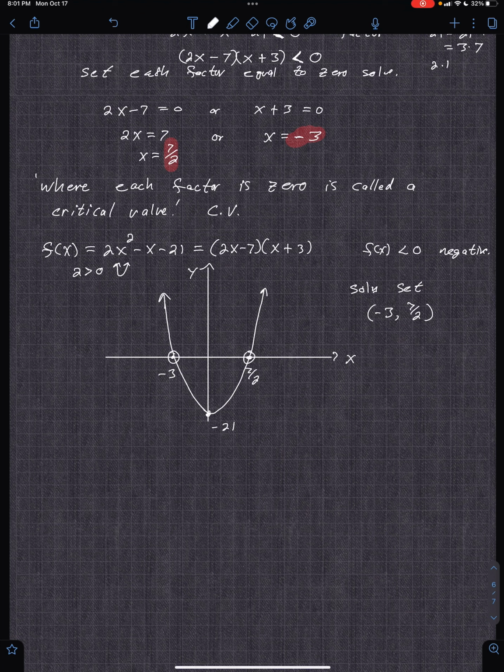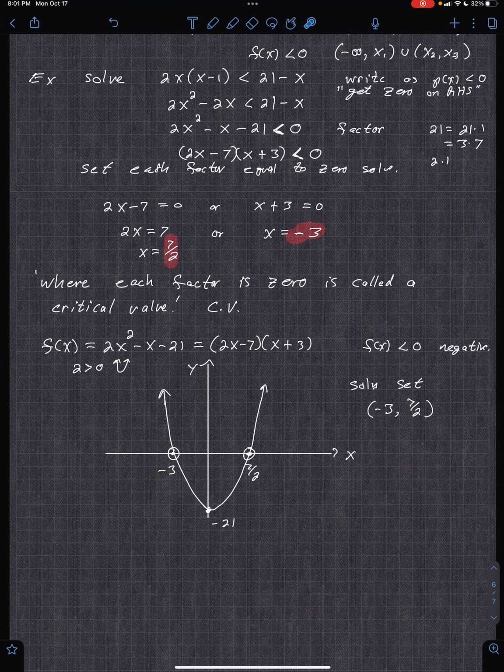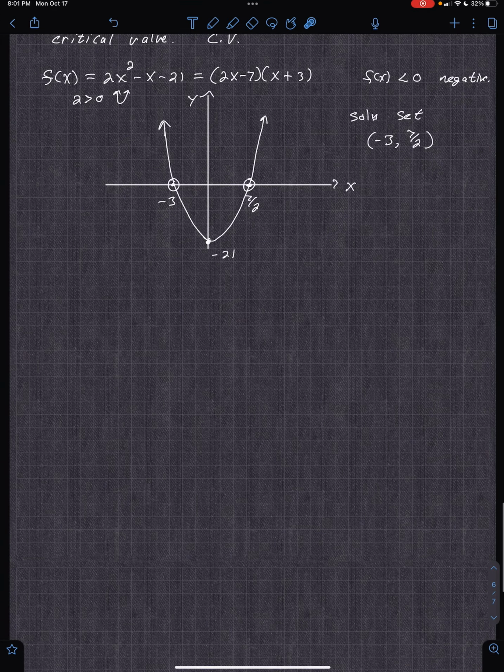All right, so that's one way to graph the polynomial and solve this inequality: you literally just graph the function and see when the graph is above or below the axis, whichever it's asking. The next way to do this is using a sign chart.